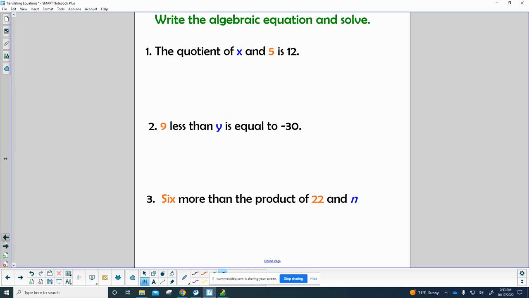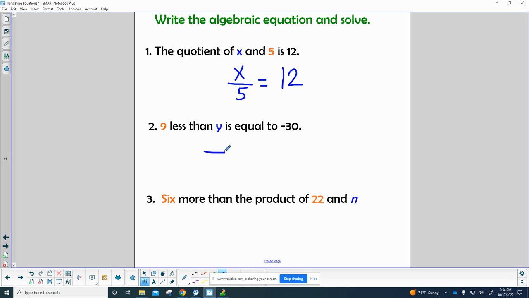Okay, now we're going to write a few equations, which means that after the expression, we're going to have some kind of an equal sign. So the quotient of x and 5 is 12. If we remember, the quotient means divide. So x divided by 5 is 12. All right, 9 less than y equals negative 30.